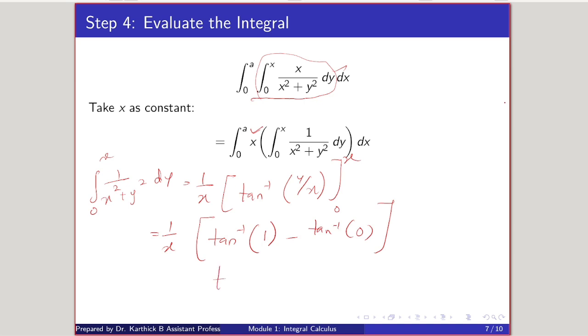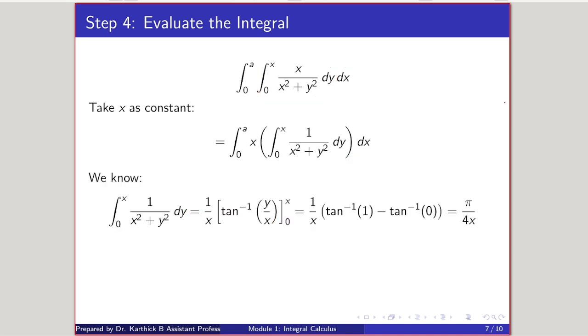We know that tan inverse of 1 is pi by 4 and tan inverse of 0 is 0. So I get the value pi by 4x.